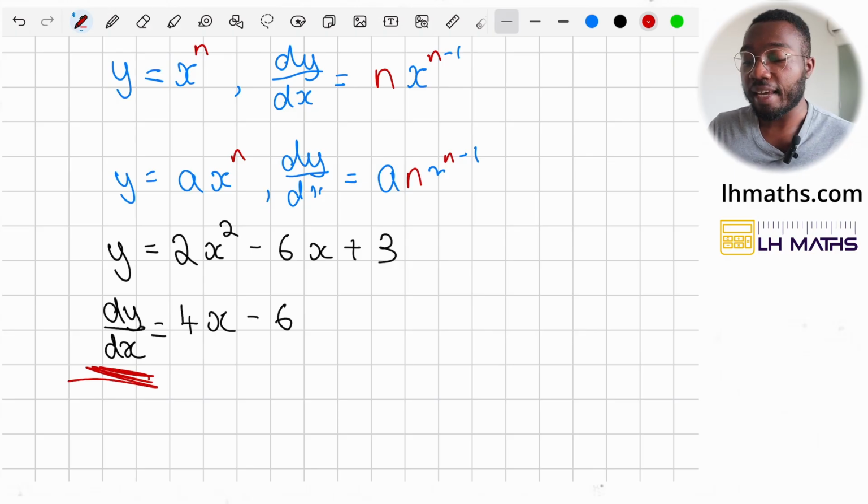So that is key. If there is a number which doesn't have that variable attached to it, like this 3, for example, we can't differentiate it. Hence, we just get rid of it, okay? So we don't include it in the differentiated bit because you can't differentiate it, okay? So our answer for this is just 4x minus 6.